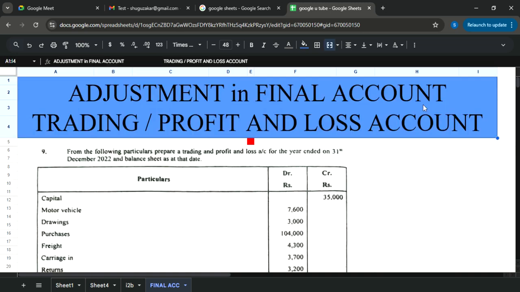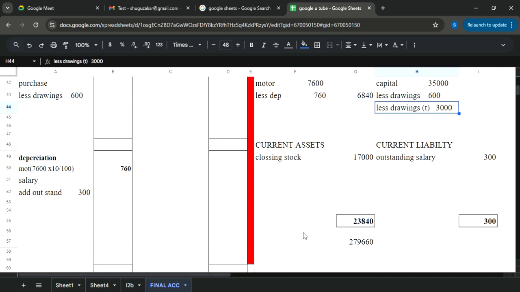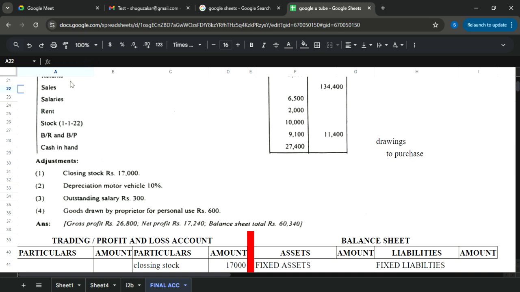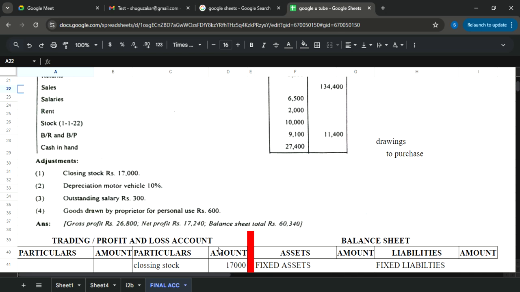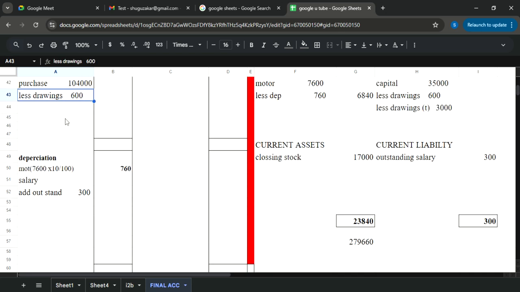After drawings we have purchase 104,000, so here the place is already present, 104,000. Purchase has been written. After purchase we will see the next, freight 4300, direct expense. Here we will wait for returns as well.